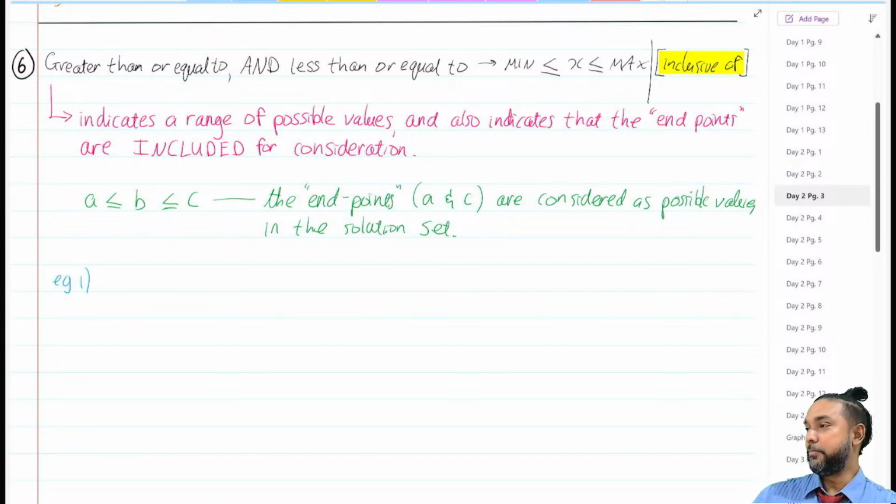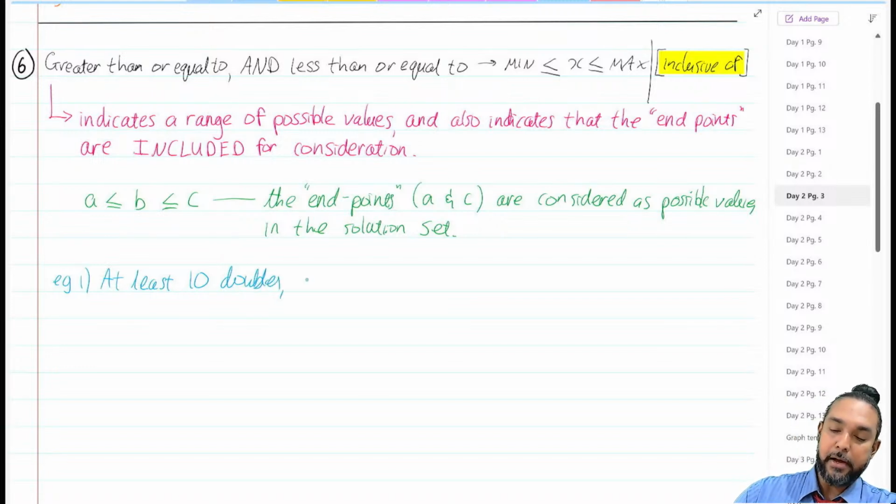But the thing was, he had to eat at least 10 doubles, but not more than 25. So we will let D, the capital letter D, represent the number of doubles.